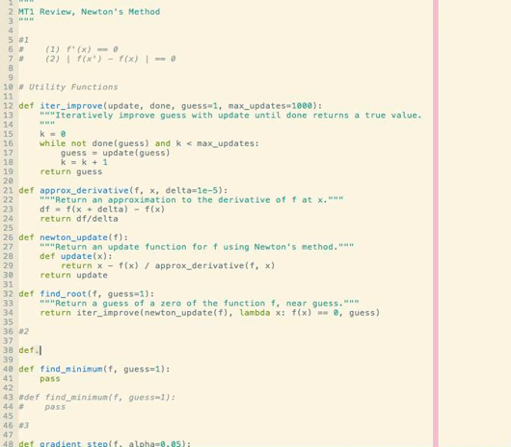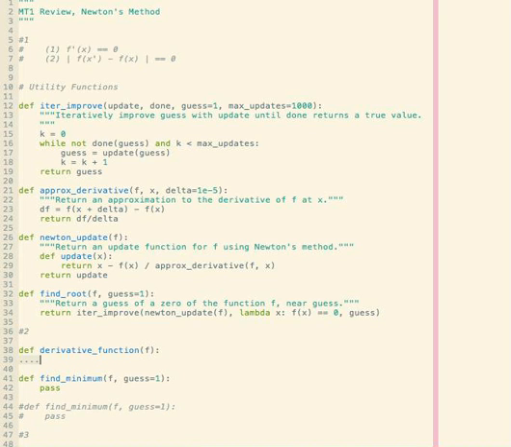So def, I'm going to call it the derivative function, and it takes an argument f, right? And it has to return a function that is the derivative of the function f. And since it has to return a function, def, we should probably define some function, right?